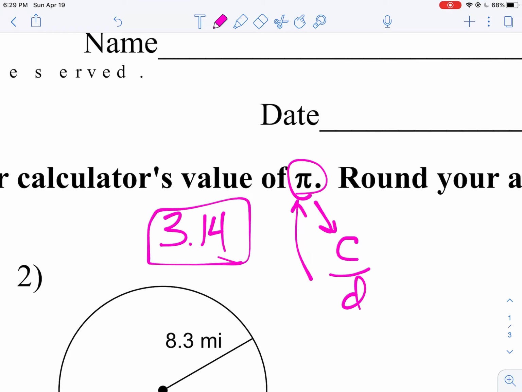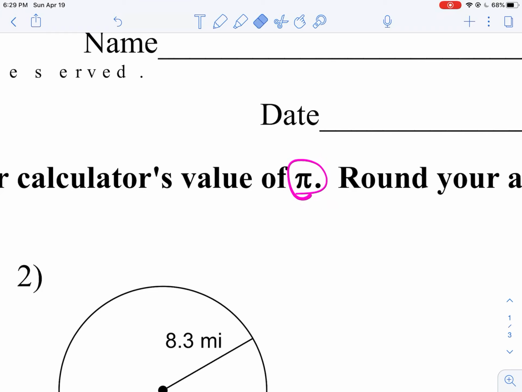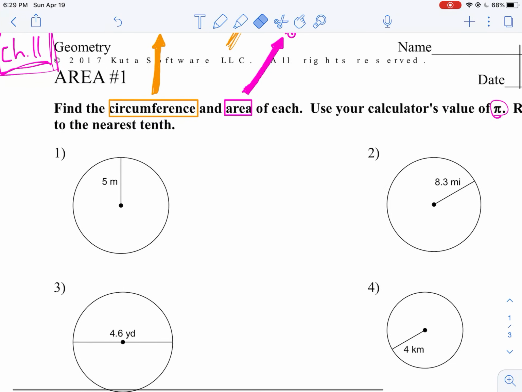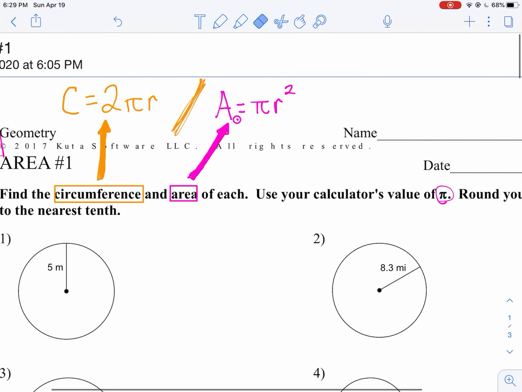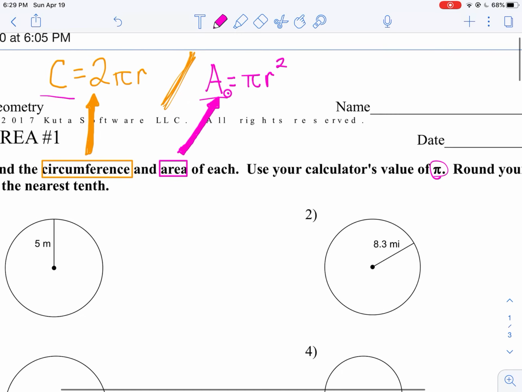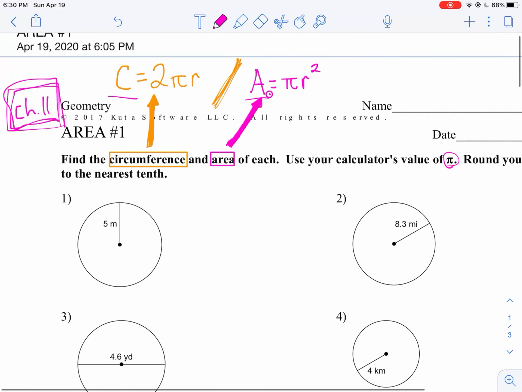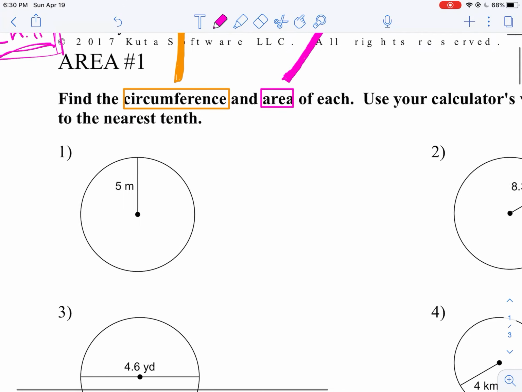That is the general 3 digits we remember for pi, 3.14159. It goes on and on forever, never repeating. It's irrational. If you want to learn more about pi, you can always look up videos later, but just so you know, pi is in reference to circles, and we use pi in the formulas to find circumference and area. Okay, so we're going to be rounding, and we're going to have to use calculators. Depending on your calculator, we'll have to use some pi, and we'll have to do some rounding.